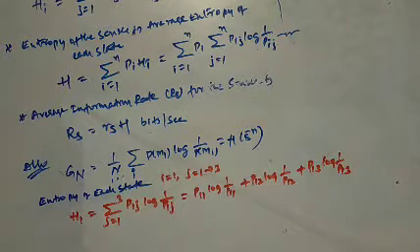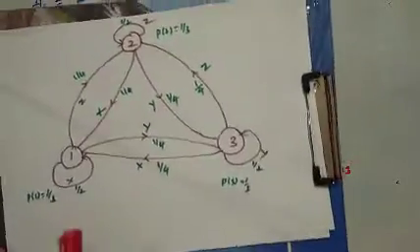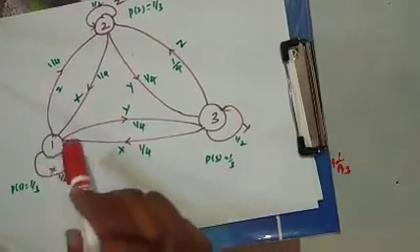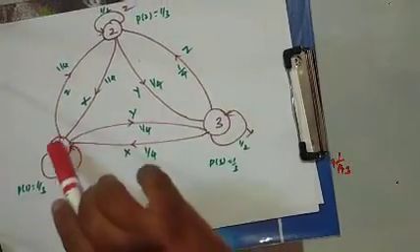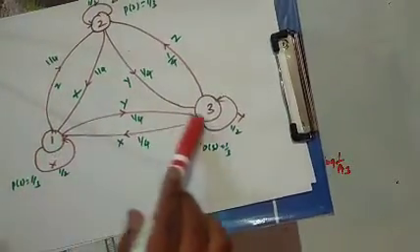Where, see here, P11, the probability is 1 by 2. P12 is 1 by 4. P13 is also 1 by 4.